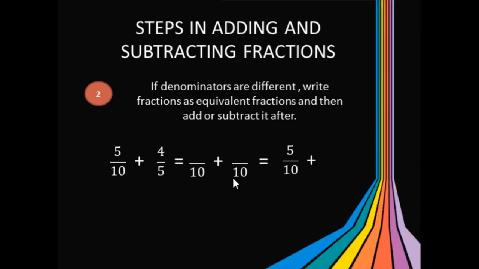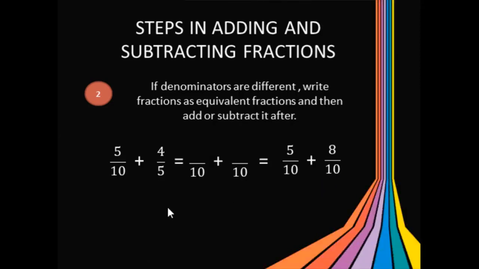It's 10 divided by 5 is equal to 2 times 4, we get 8. Very good. So our answer is 5/10 plus 8/10. Now, they already have the same denominator, so it is easy for us to add them.